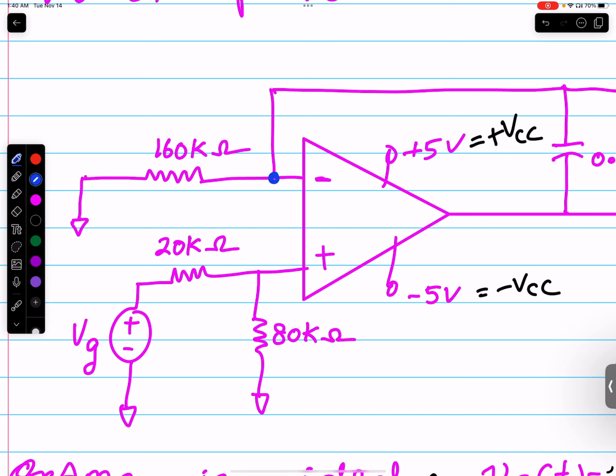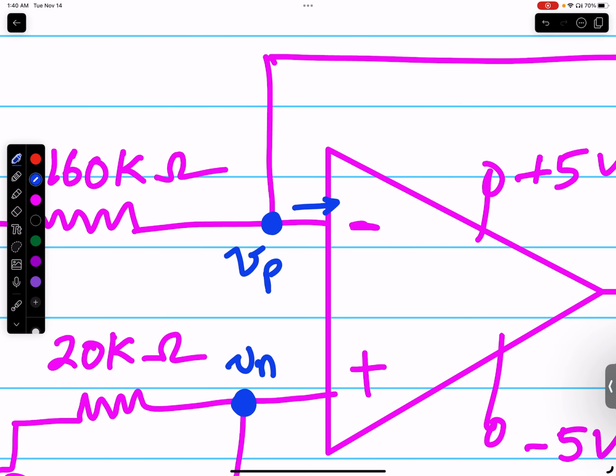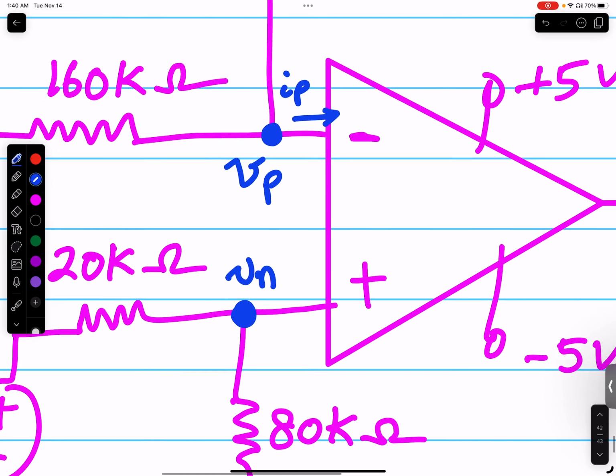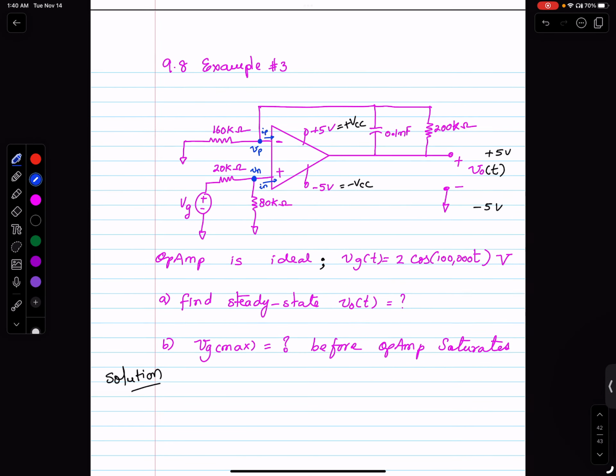Let us start by naming this node VP and this node VN, not negative VN. Also notice the current IP, that's the guy in, and this is the current IN. First things first, the op amp is said to be ideal. That means VP equals VN.